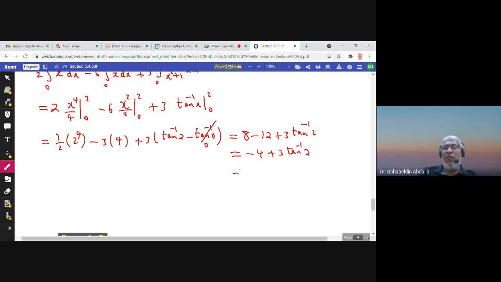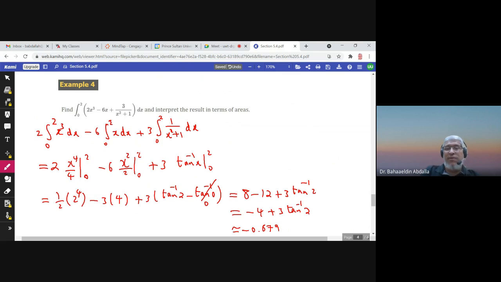If you want to find an approximation, you can ask the calculator to find tan inverse 2 and multiply by 3, and add negative 4, or just write negative 4 plus 3 tan inverse 2. So the answer would be negative 0.6785.